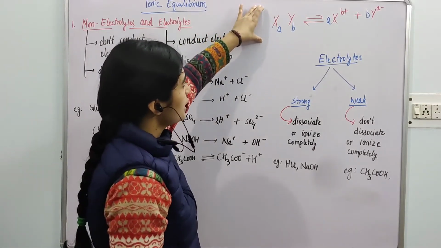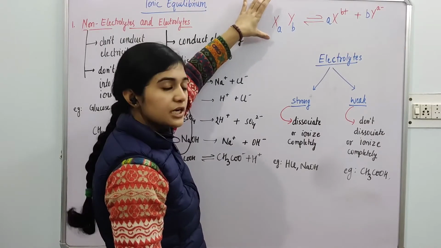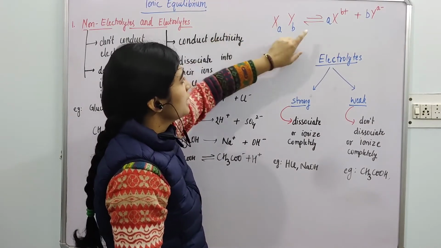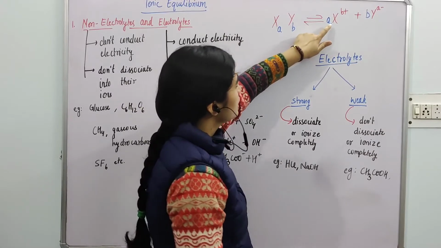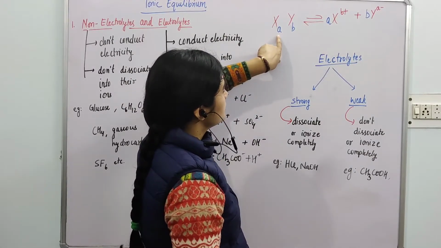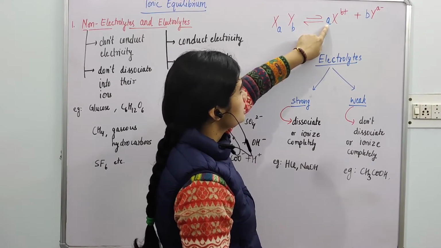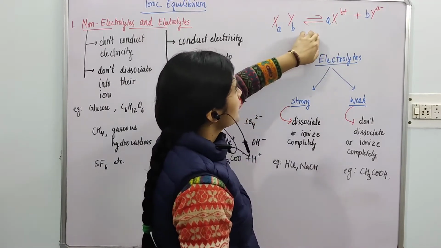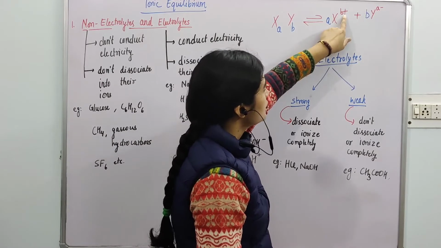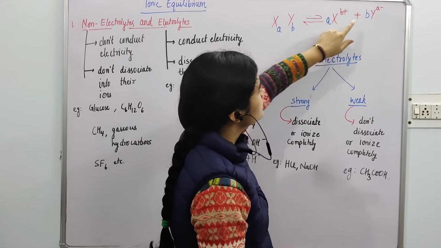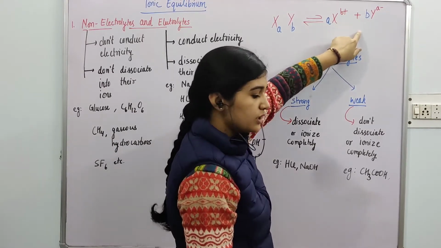And the dissociation happens this way. If you take a generic ionic compound, it will dissociate in such a way that the numbers here, the small letters, will come as stoichiometric coefficients, and the ions will get a charge in such a way that these charges neutralize each other.